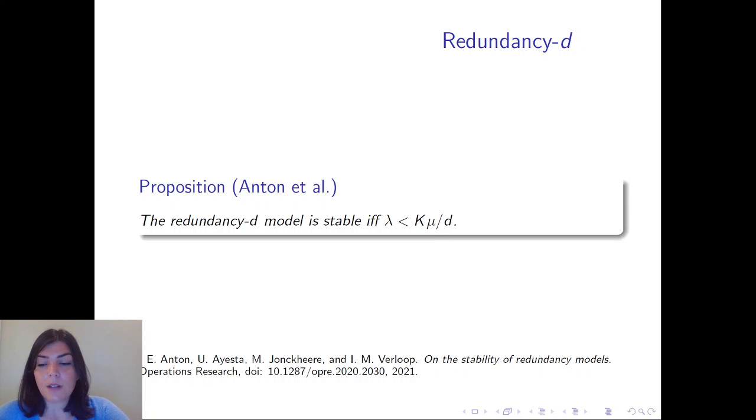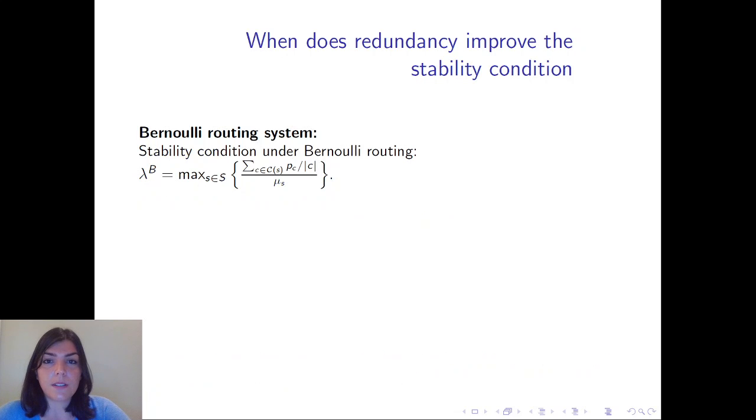So now we are going to continue with the second objective of the talk, which was to analyze when the stability condition with redundancy is larger than that of a non-redundant system. As the non-redundant system, we consider the Bernoulli routing system. Here, each job is going to dispatch one single copy to one of the compatible servers chosen uniformly at random.